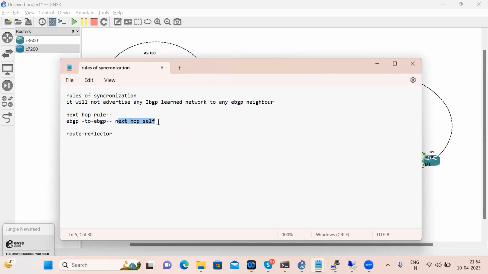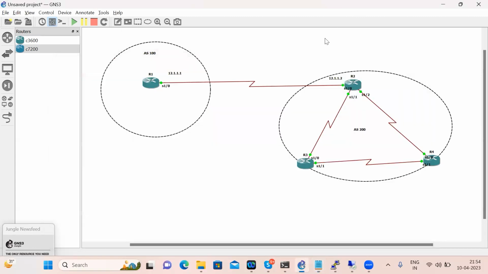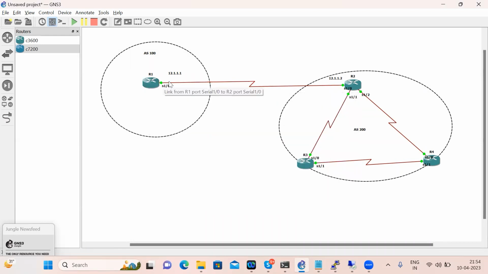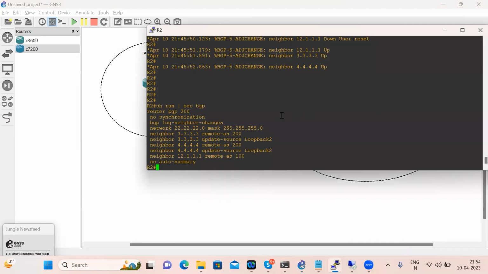What we are able to see now, from router 1 advertised a network which is 11.11.11. Okay, so while advertising from router 1, that is the 11.0 network, the next hop address is the self address, which is what? 12.1.1.1. What we can see on router 2.